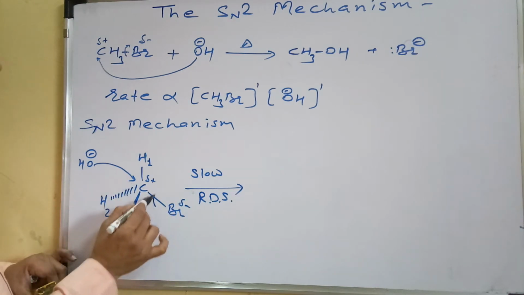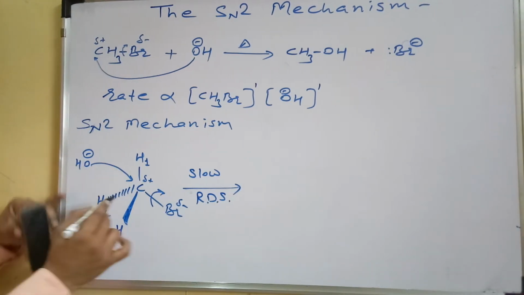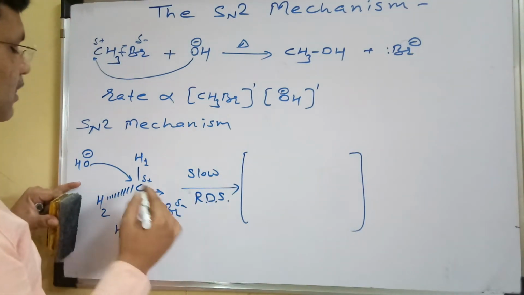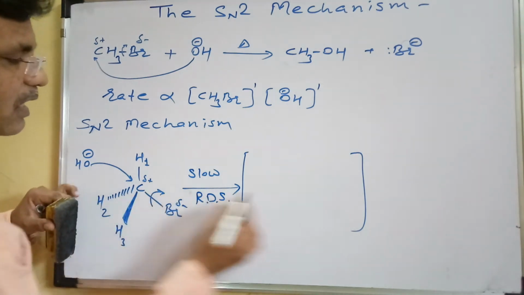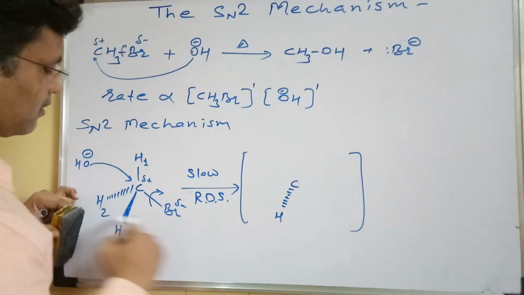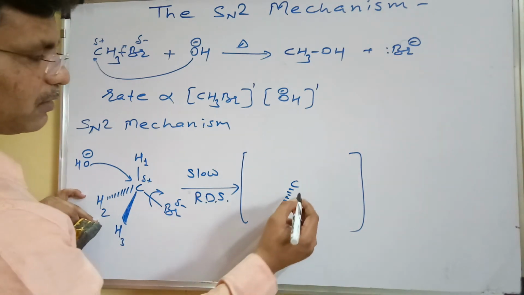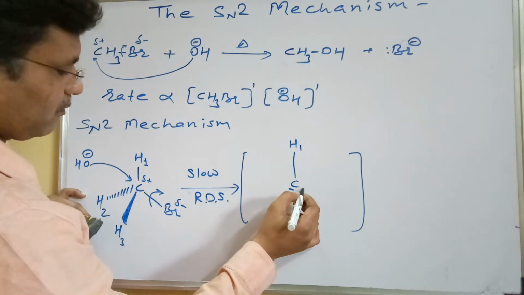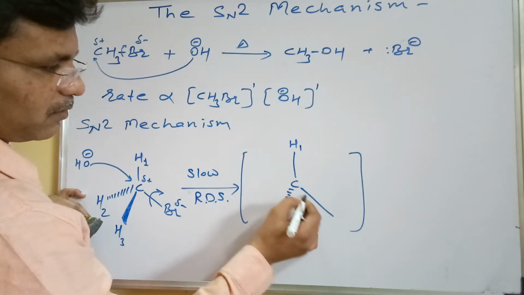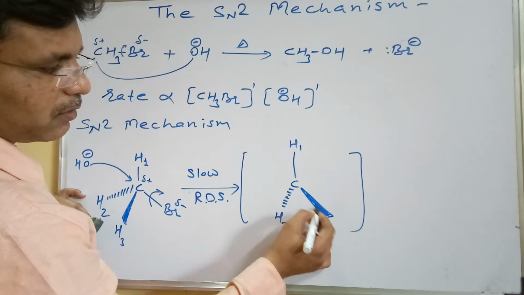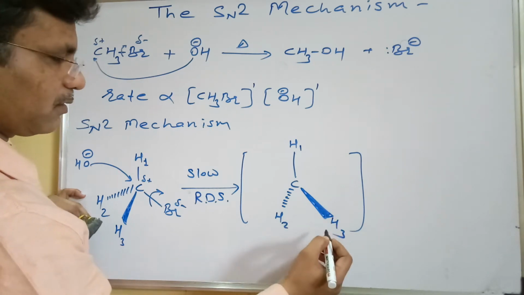So this bond will break. We'll get the transition state. In the transition state, this is the carbon, this dotted line hydrogen is H2, this is H1, and this thick line bond is H3.